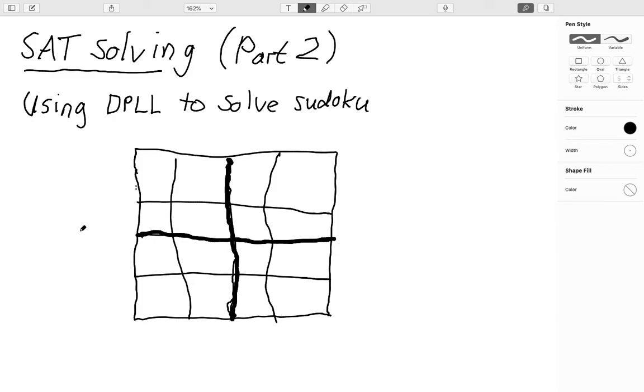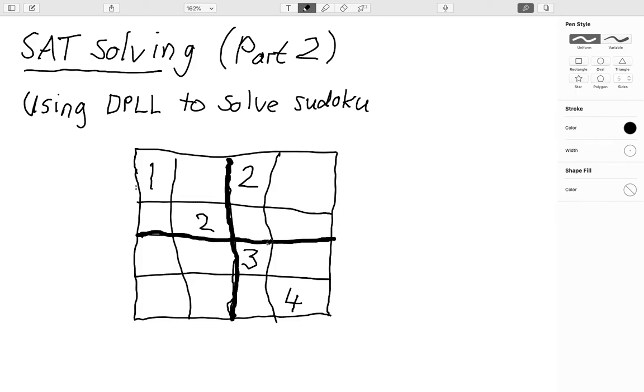Right. So a sudoku puzzle is in this case a 4 by 4 grid, where some of the cells have numbers in. So I'm going to put 1, 2, 3, and 4 on the diagonal, and also a 2 in this square. The goal of the puzzle is to fill in every empty square with one of the numbers 1, 2, 3, or 4.